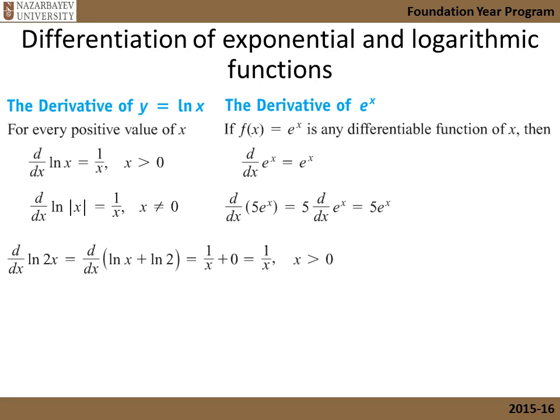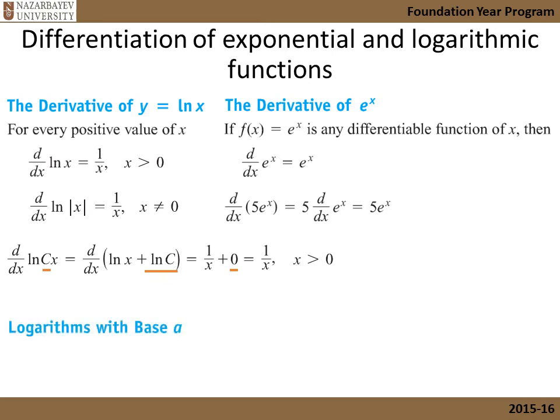And actually if we take another constant, for example 3 or 4 or 7, our answer will be 1 over x again, and we can note that whatever constant c we take, our answer will be 1 over x.